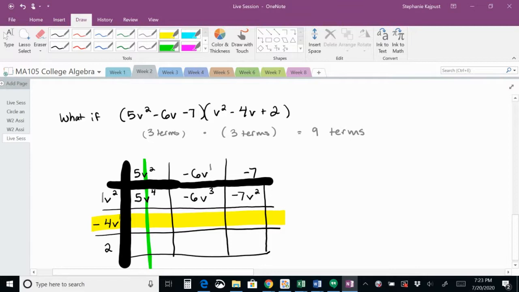Second row, first column. So I have a negative 4 times 5, which is a negative 20. And then that's a v to the first. So that's 1 plus 2 on my exponent there. I add those exponents. The 2 comes from the v squared, the 1 from the v to the first.